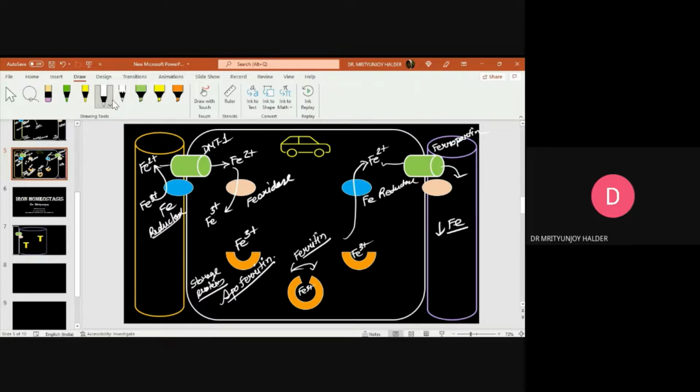Now the ferrous form jumps out with the help of ferroportin into the blood circulation.